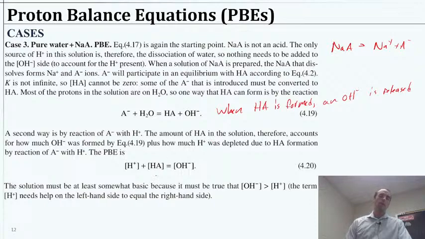So HA will be on the left, and we see here now we have a situation where we are no longer following a charge neutrality situation, because we're not accounting for A minus, and we have the H plus HA there in the mix. So we're no longer following electroneutrality exactly.